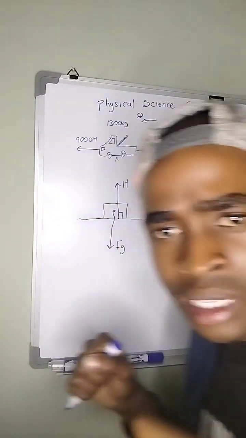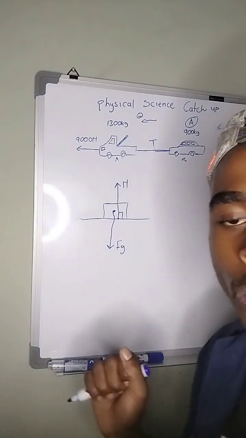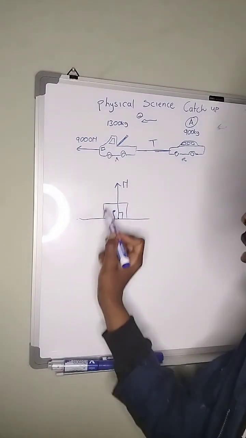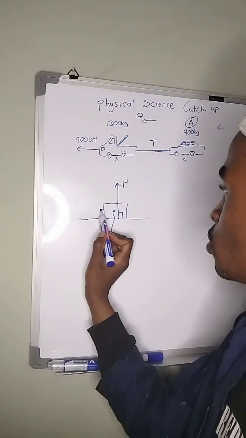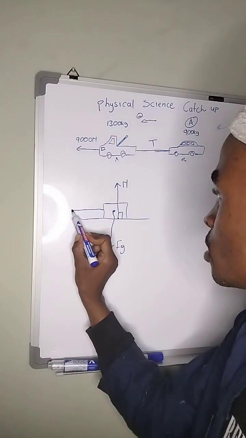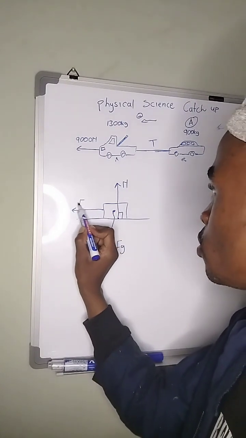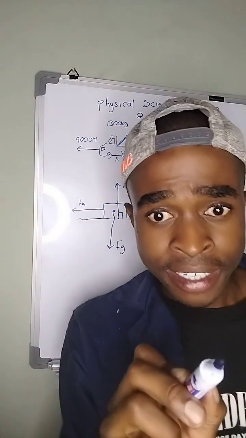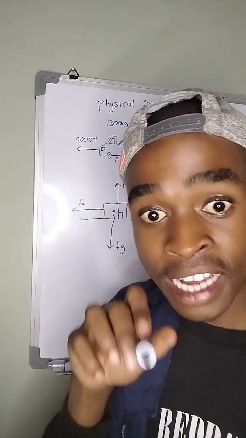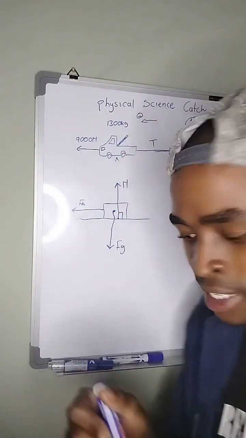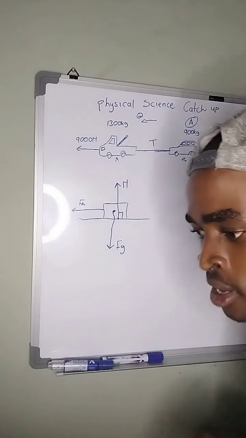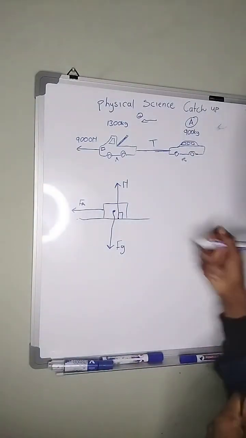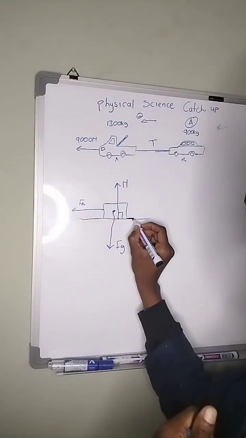It pulls this object, accelerating with the engine. The engine causes this applied force. You can draw it from here to there, and this is going to be your applied force FA. Friction acts relative to the surface, but the saddest part about friction is that it acts from the surface.